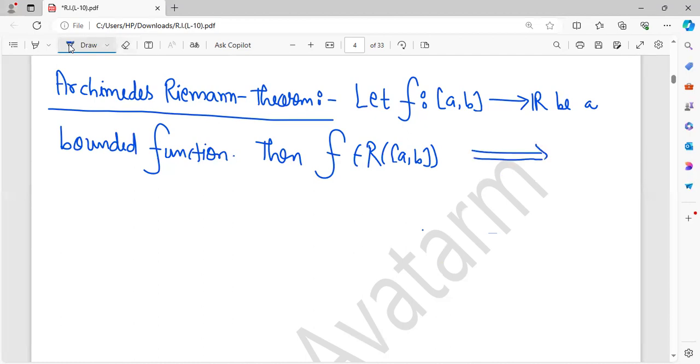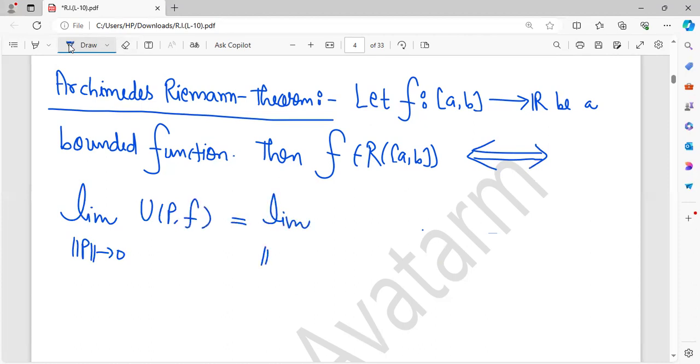If and only if the limit as norm of P tends to 0 of U(P, f) is equal to the limit as norm of P tends to 0 of L(P, f), which is equal to the Riemann integral of f. Let's prove it.